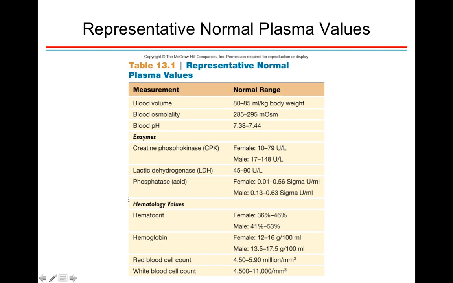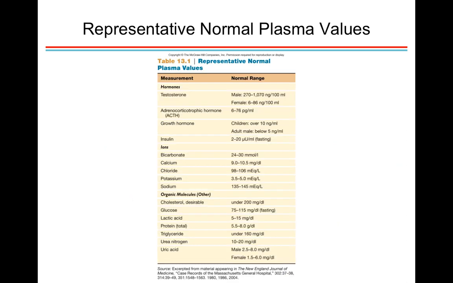Some other things that doctors often measure in blood include hormones, as shown on top. Here's insulin, which you know is important for diabetes. And then we have a bunch of ions: bicarbonate, calcium, chloride, potassium.